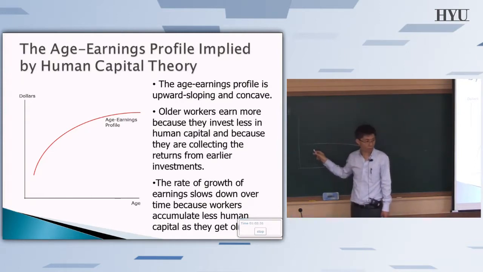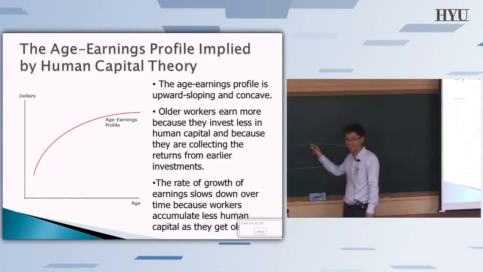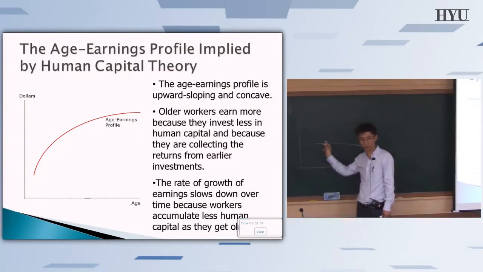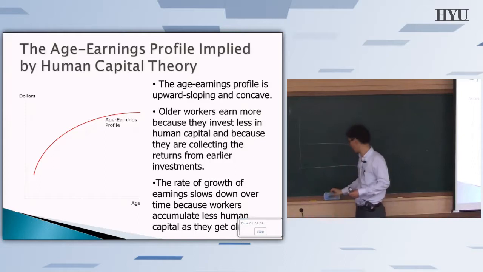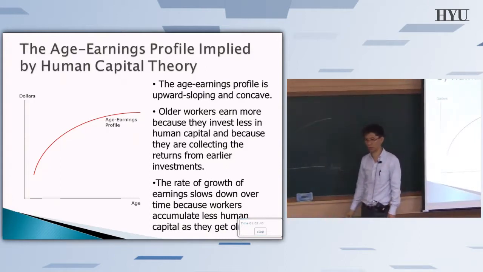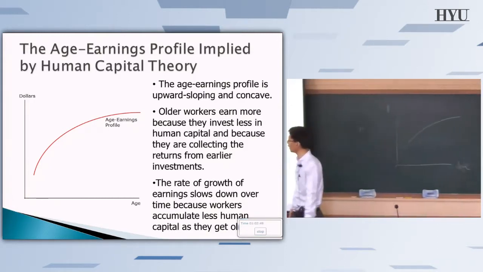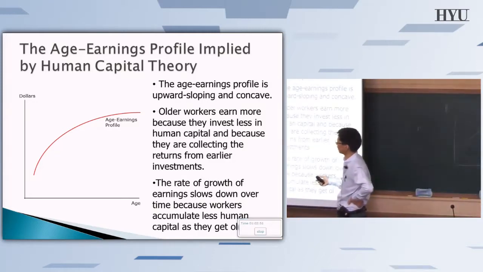You get no skills, so pretty much it should be flat if there is no training whatsoever after school. But with after-school training, it should increase this way. So this is the theoretical shape of the age earnings profile.